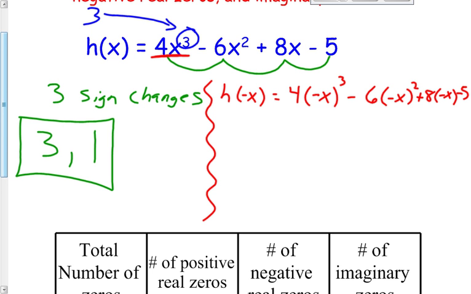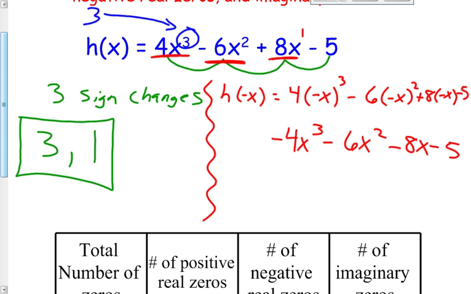So this positive 4x cubed turns to a negative 4x cubed. This negative 6x squared, when it's an even power, stays the same sign. So it stays negative 6x squared. This positive 8x, because it's x raised to the first, an odd exponent, switches to a negative 8x. And then obviously the negative 5 stays the same.